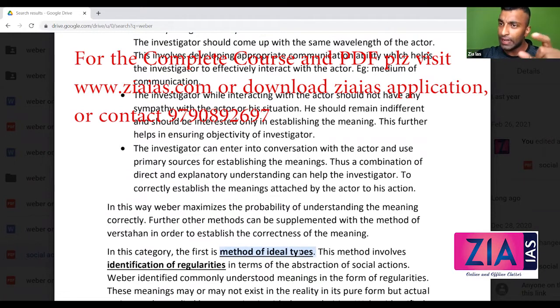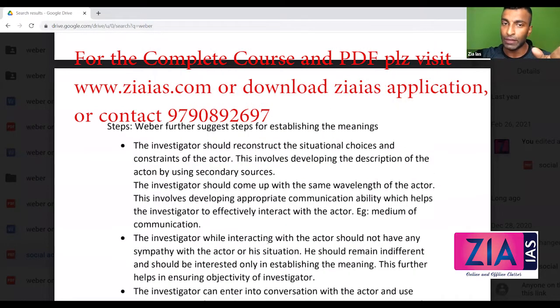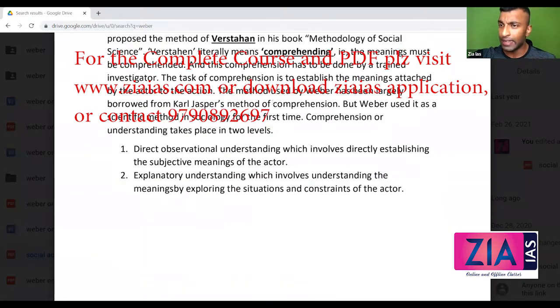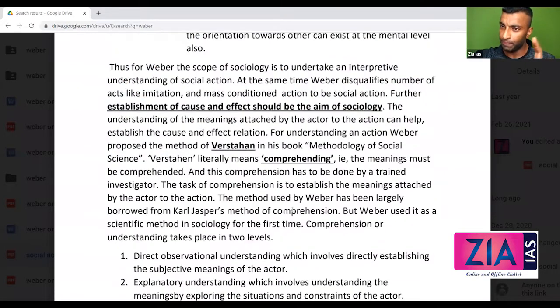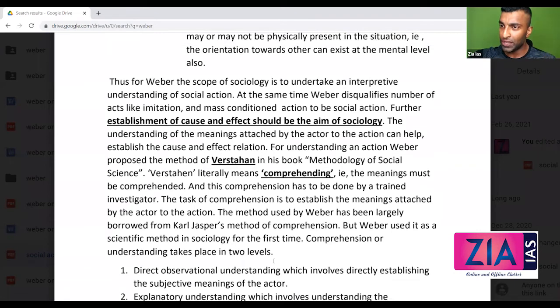But ideal types, I'll discuss in detail tomorrow in a separate session, because that has the potential to be asked as a 20 marker also. So here I'll just tell you what is ideal types, and I'll discuss ideal types in this particular topic, social action. And then tomorrow I'll discuss ideal types in detail, the way you need to write in your actual paper, if the specific question is asked. Verstehen, a clear-cut example and explanation is given here. That is done. And then the theory of social action will be completed.